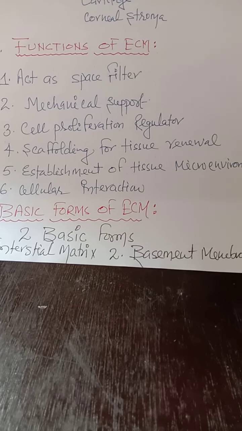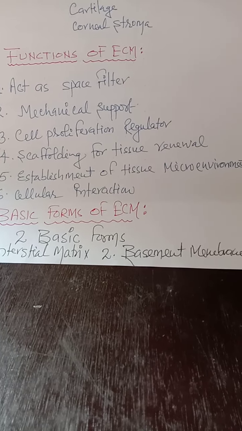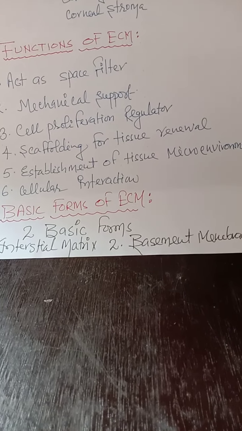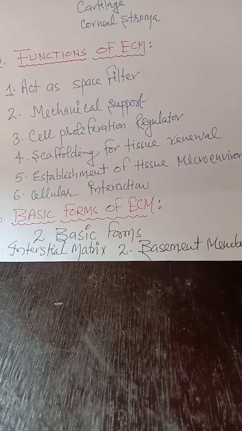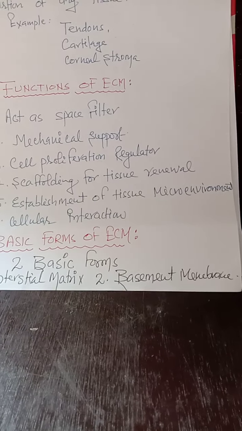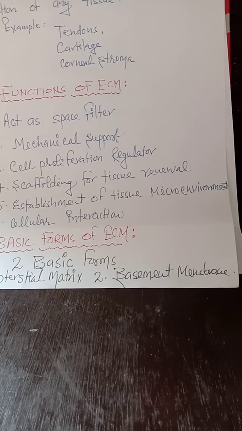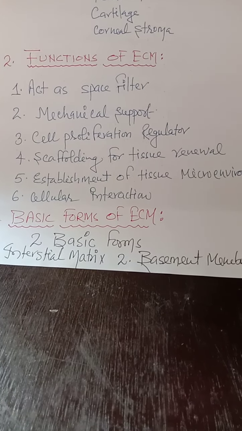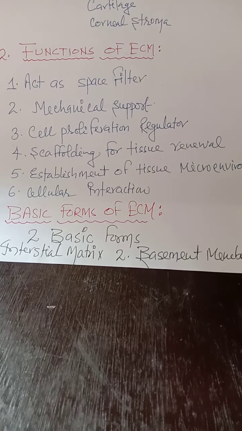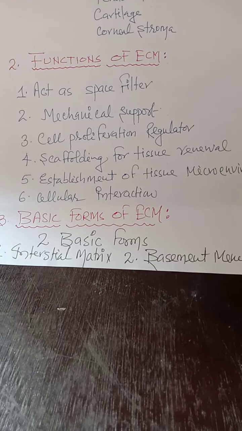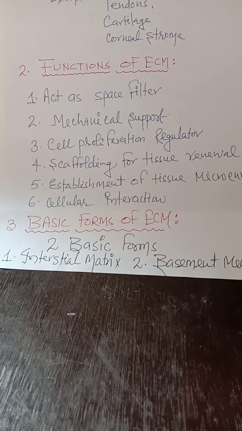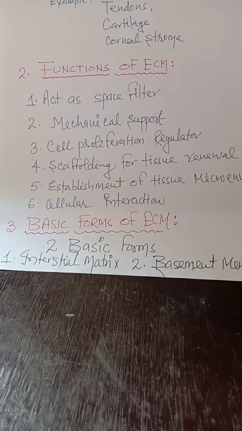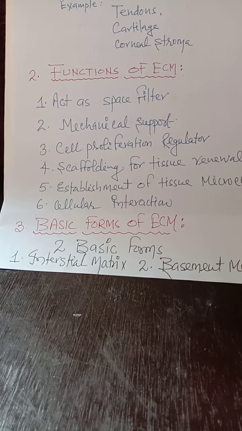Next is establishment of the tissue microenvironment. So, as we know, inside and outside the cell there is an environment, and this microenvironment is also established by the ECM, the extracellular matrix.